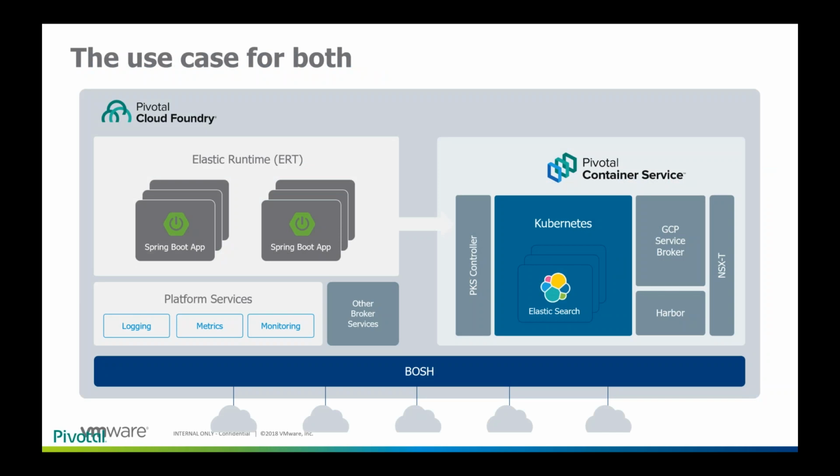And there's a place for each one of them, and there's a place for having both. When we talk about PAS or PCF, customized applications that our customers want to develop on their own go really well on PAS, on PCF. If a customer develops their own applications, especially if they're 12-factor, what we call cloud native, they live very well in PCF.